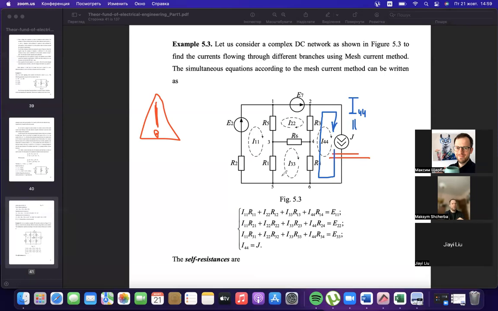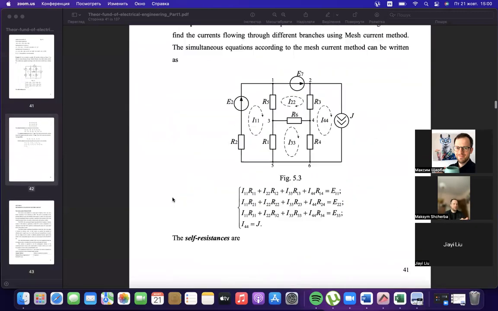It has a positive side because it decreases the number of your equations: if you have 4 meshes, but one of them should be equal to the current source, then this mesh current is already known. Then you have only 3 unknown variables in other parts of the circuit, and you should look only for the other 3: I11, I22, and I33. Such is the restriction.